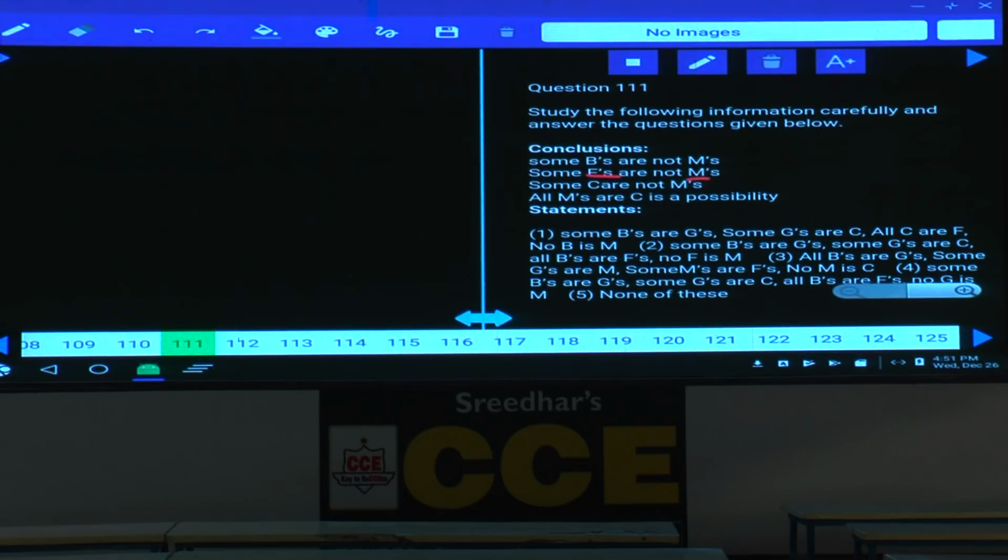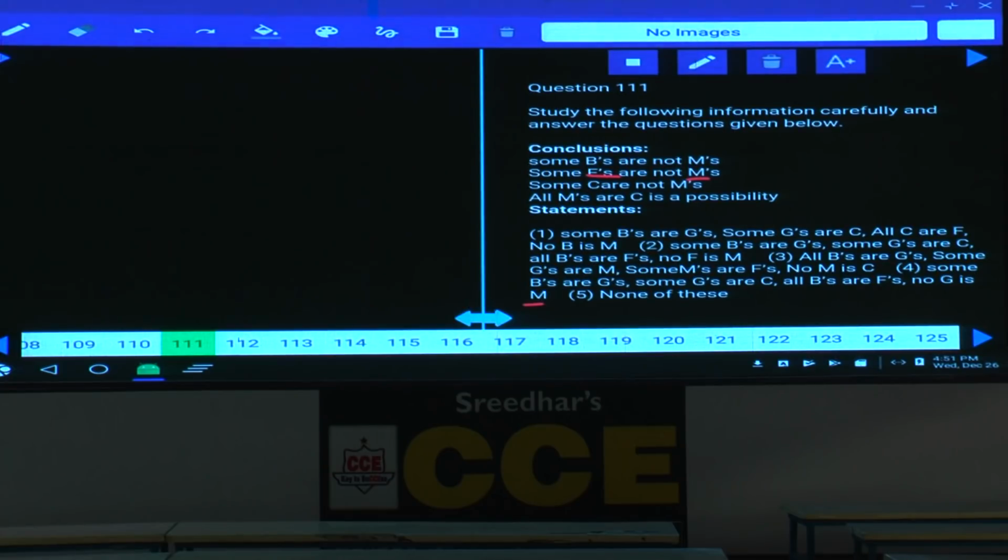F and M. M is here because we should take a negative statement, because the conclusion itself is a negative conclusion. Now, no G is M means M is present here. M should go and G should go and F should come. G and F. Is there any statement between G and F here?